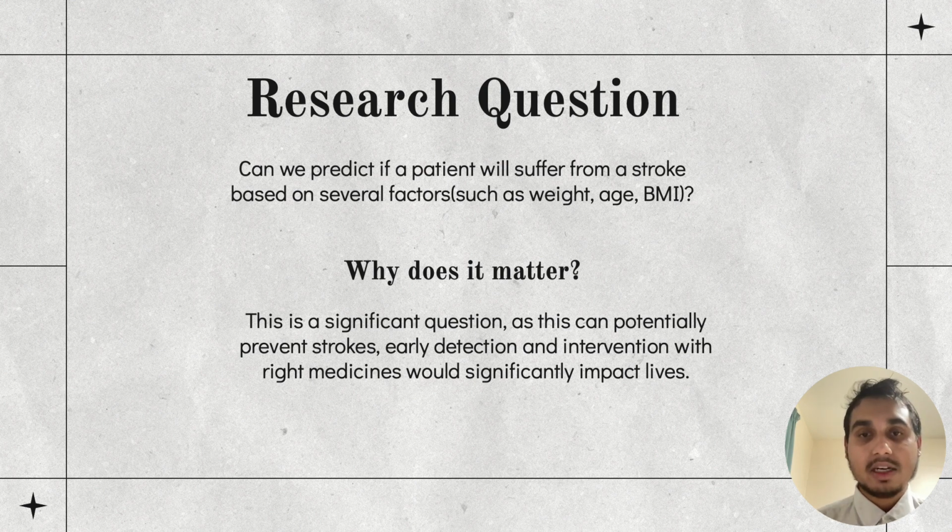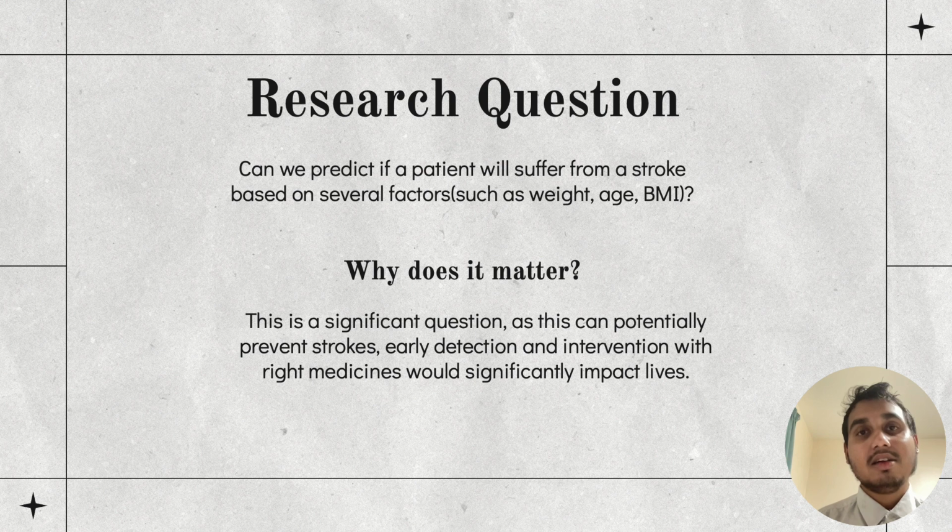So I have attempted to make a machine learning model which studies a data set of several factors such as weight, body mass index, and makes predictions on whether the person will suffer from a stroke or not. Now, this is a very important task, I would say, because this can actually prevent strokes.